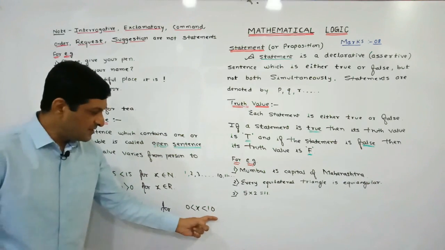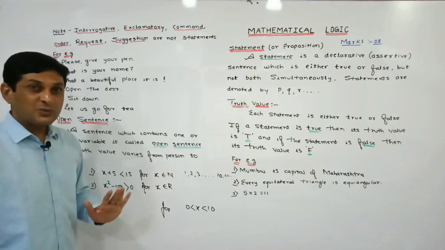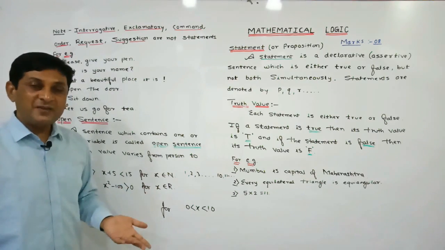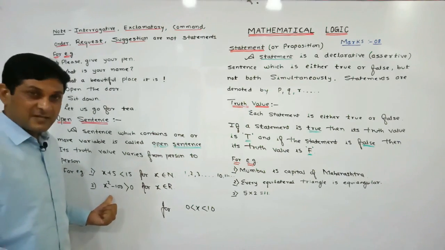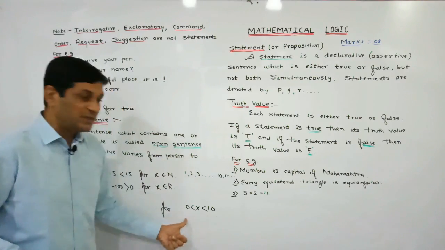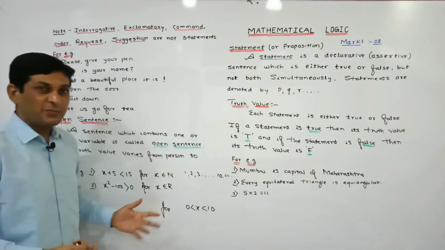Means for all the numbers lying in this interval, this sentence becomes what? False. So if we are able to identify the truth value, we can say that it will become a statement if such condition is given to us. But it is not given to us that x takes the values in some particular interval.